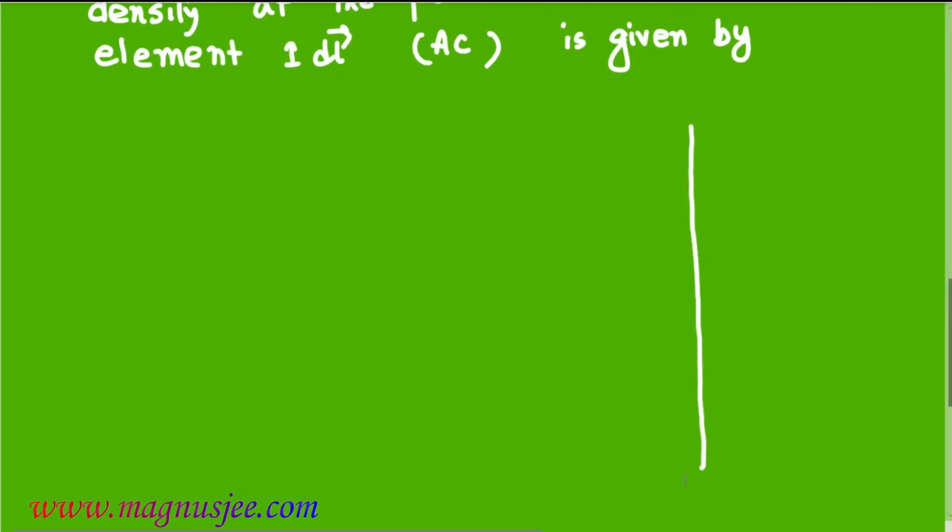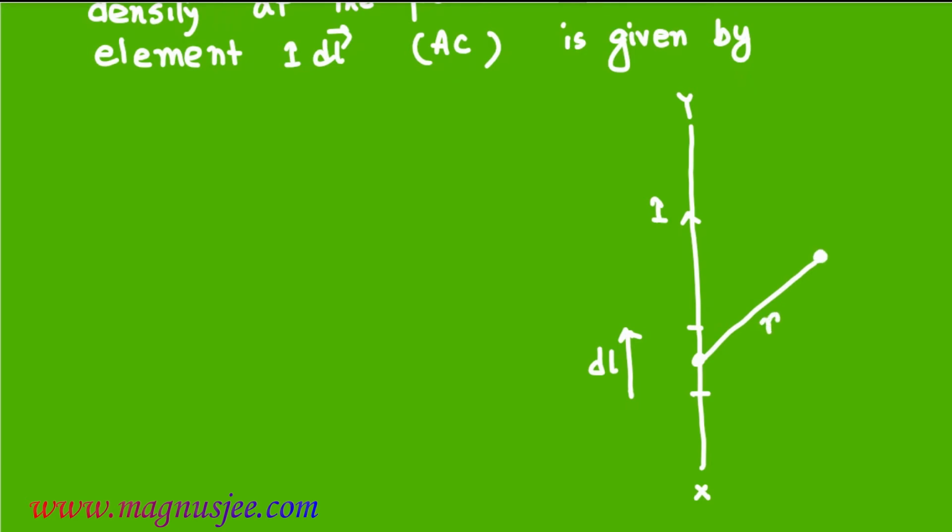We can draw the diagram again. O is the point on the current element AC, dl is the length of this current element, I is the current which is flowing from the end X to Y of the straight conductor, r is the oblique distance of the point P, and we have to find the magnetic field induction dB at P due to the current element I vector dl.